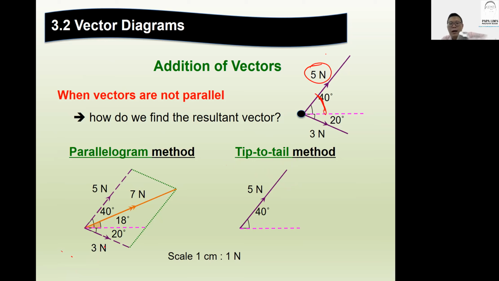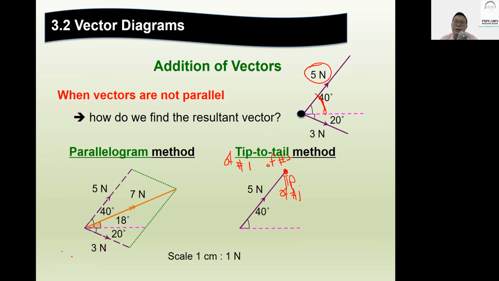This is what I did. After that, remember, the tip of force 1 touches the tail of force 2. So this is my force 1. Tip means the head, so this is the tip of force 1. It should touch the tail of the second one.